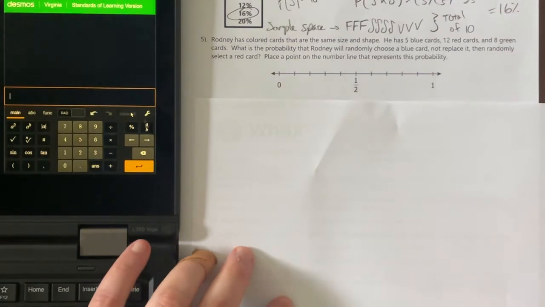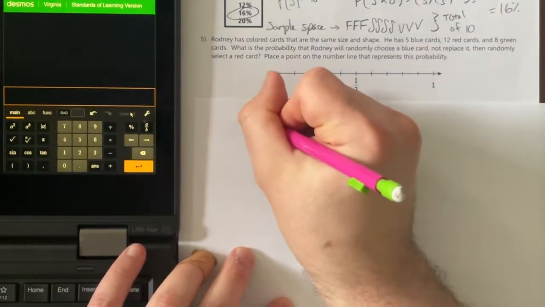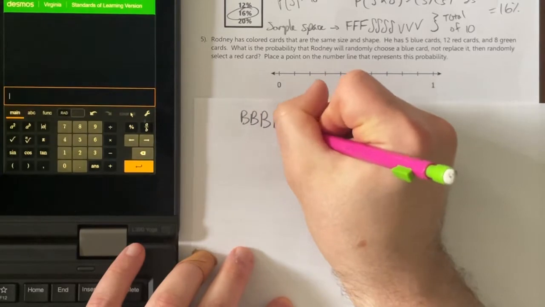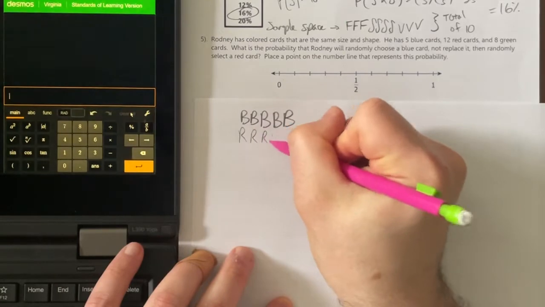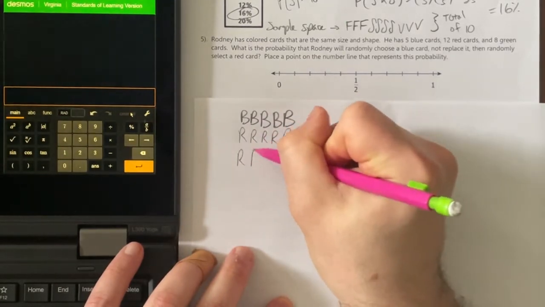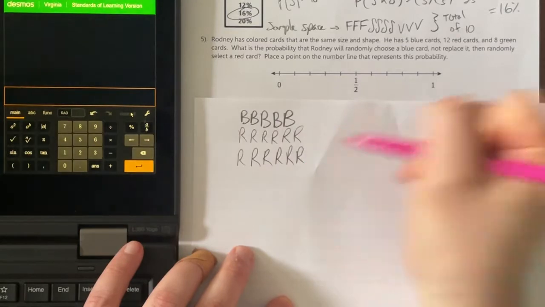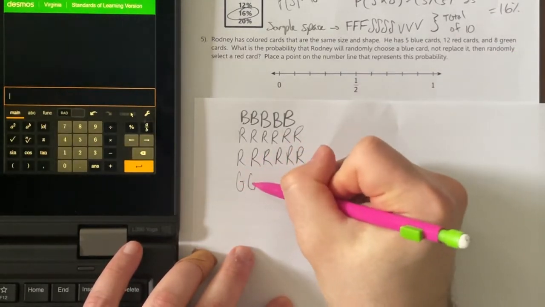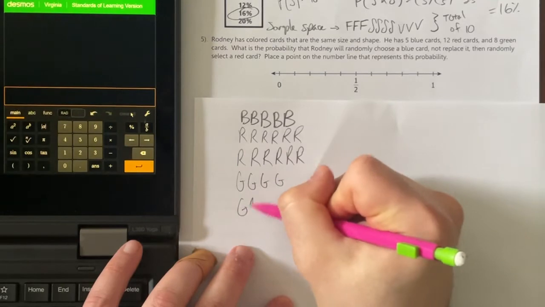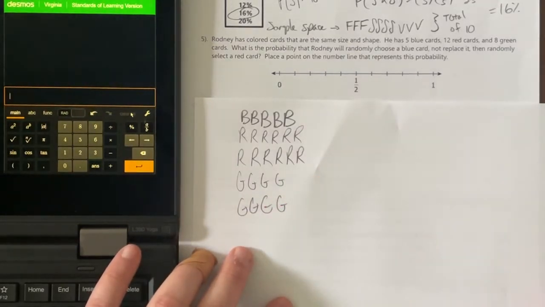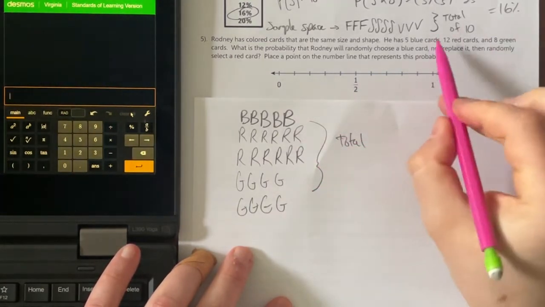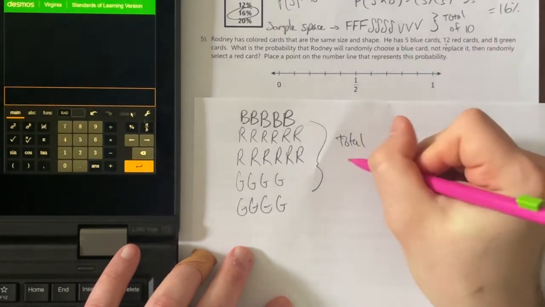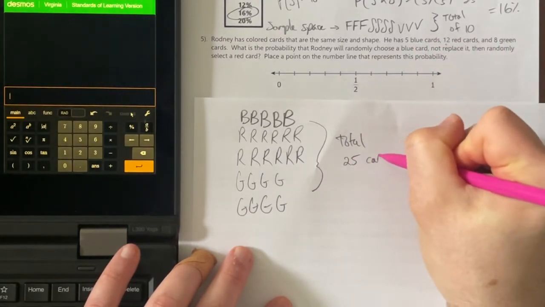He has 5 blues, so 1, 2, 3, 4, 5, 12 red, so 1, 2, 3, 4, 5, 6, 7, 8, 9, 10, 11, 12, and then 8 green. I got 1, 2, 3, 4, 5, 6, 7, 8. All right, so that's going to be my sample space for this one. Again, let's have that total, you have 17 plus 8 is 25, so 25 cards.